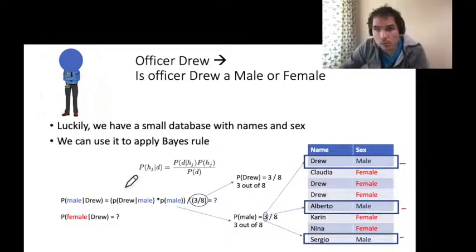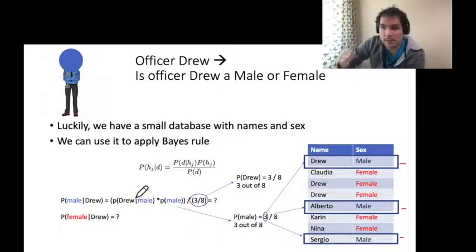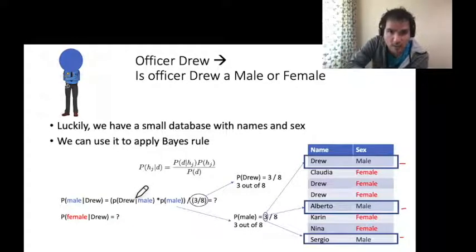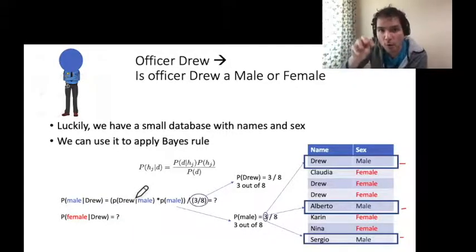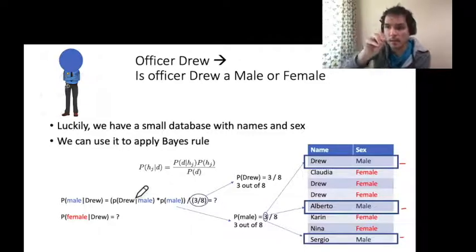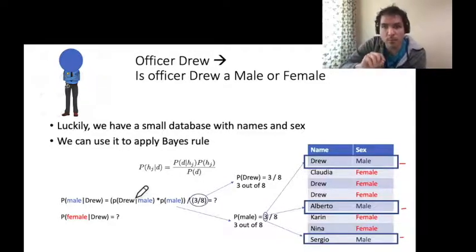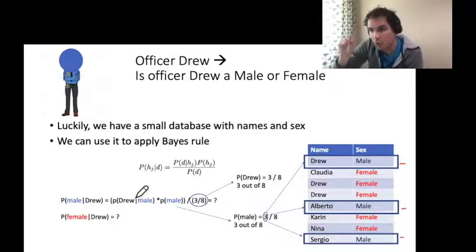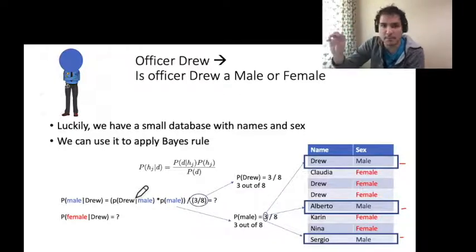So now what we want to do is to compute the probability that, out of all males, we have a Drew. Because this is the conditional probability, we want to focus only on the males in my database.